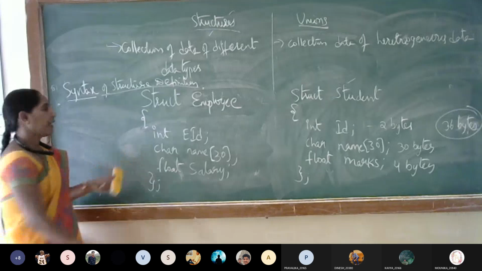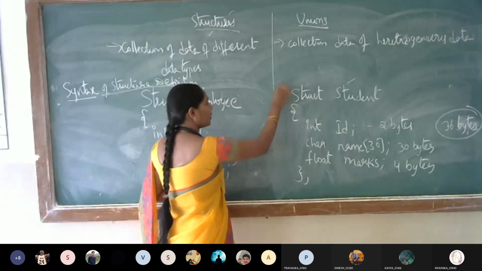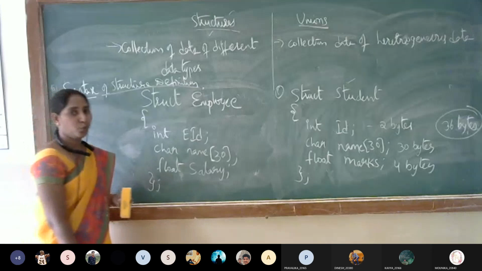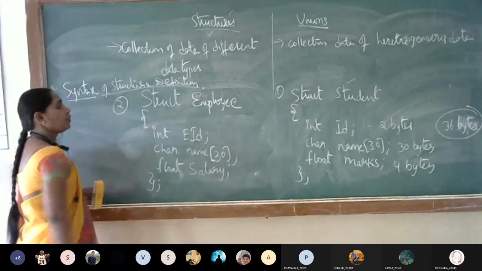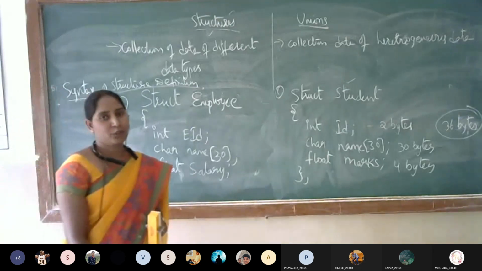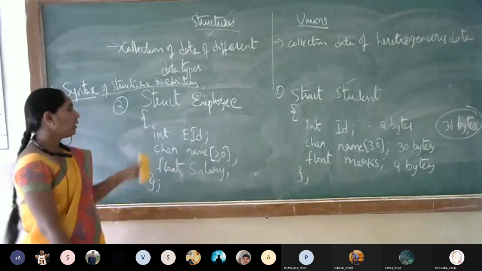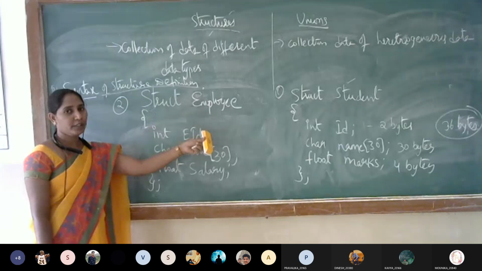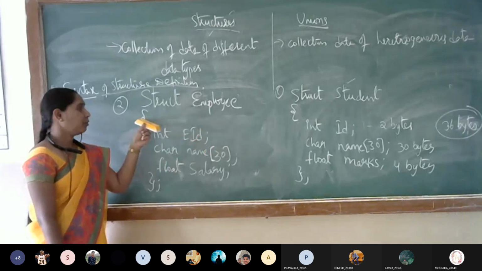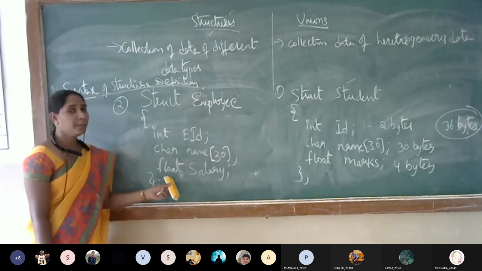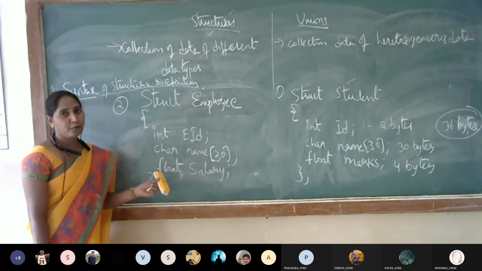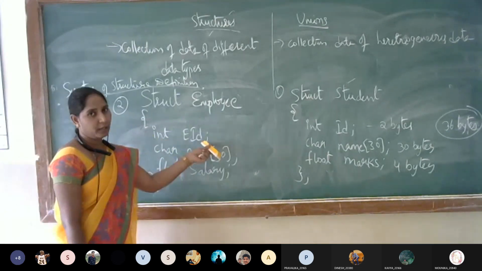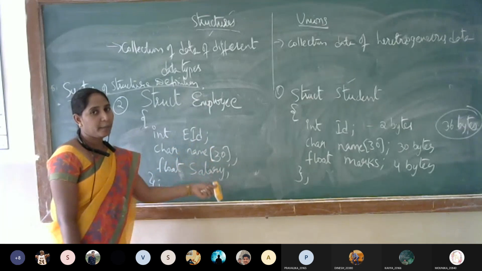This is another example. The first example was for defining a structure for a student, and this is the definition of the employee structure. It should start with the struct keyword followed by the name of the structure, then open braces, then specify the different kinds of members with their own data types: data type member 1, data type member 2, data type member 3.